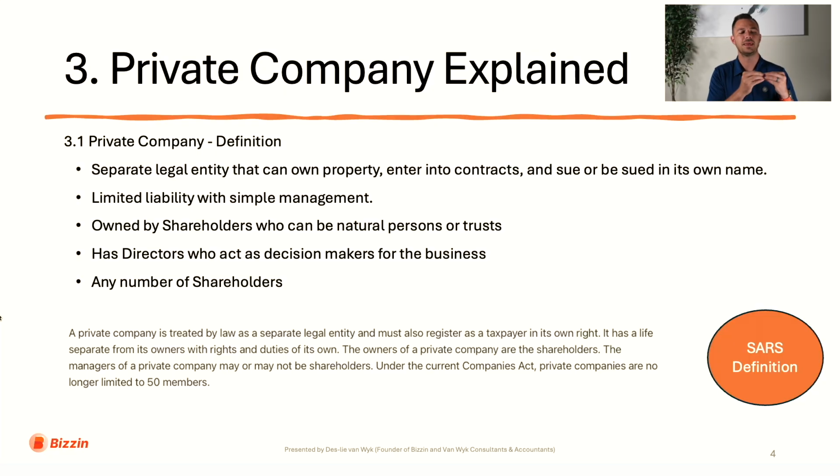So you can have person A being the shareholder or 100% shareholder of the company, person B merely just being the director that needs to make sure the company is making money. So it has directors who act as the decision makers for the business, and then you can have any number of shareholders.